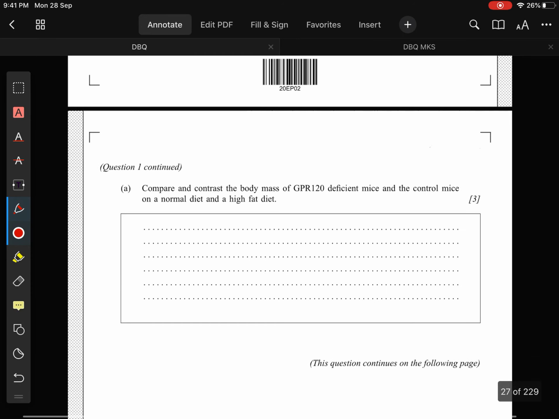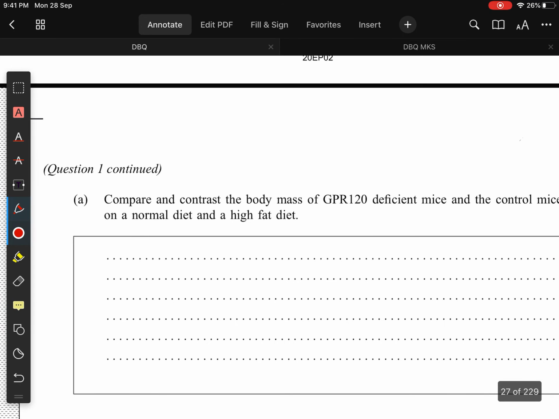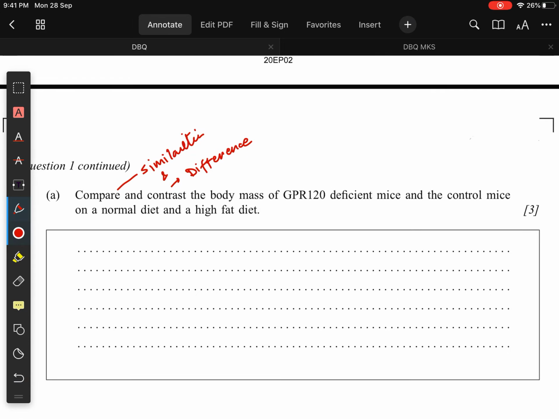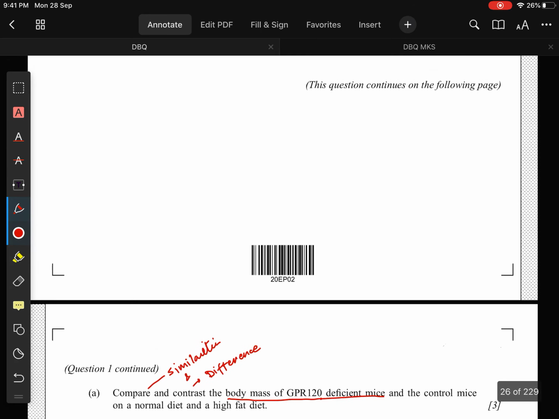Now the question is asking you to compare and contrast. So here we have to tell the similarities and differences in the body mass of GPR120 deficient mice and the control mice.